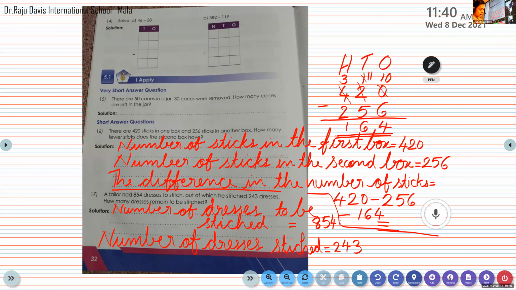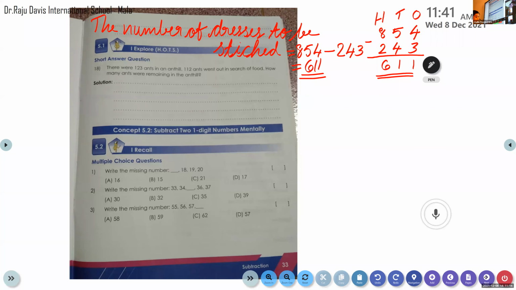So all of you, please start writing the first step. There were 123 ants in an anthill. 112 ants went out in search of food. How many ants were remaining in the anthill? So what will be the first step? Number of ants in an anthill.